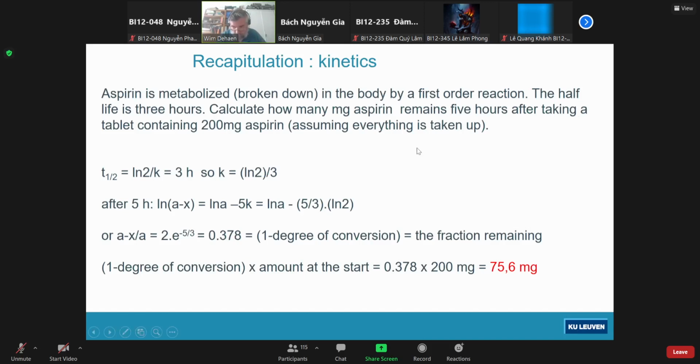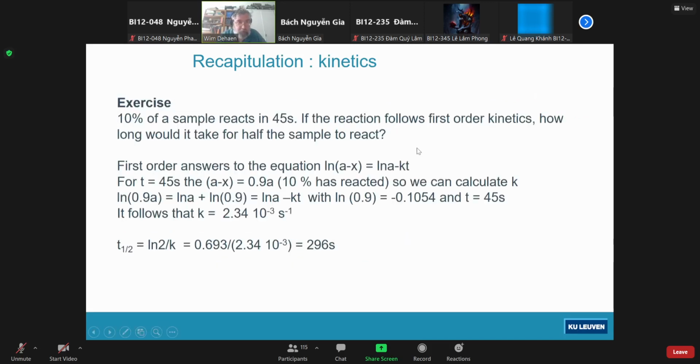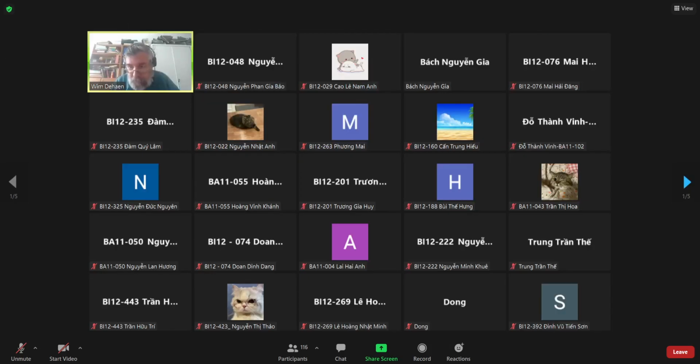Okay, so there's another exercise. I'm just going out for a moment just to see if there are any things. So we have 8 minutes remaining. So maybe I still can do that one exercise.